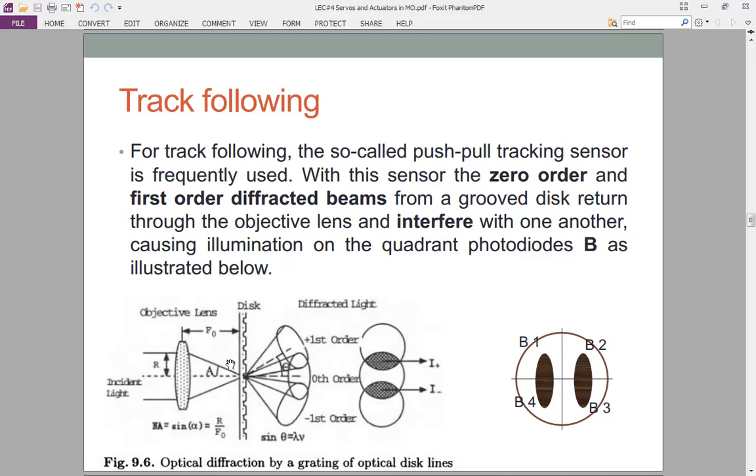I want us to get that clearly. It is diffracted. Diffraction simply means spreading of light or a beam due to an obstacle or an opening.